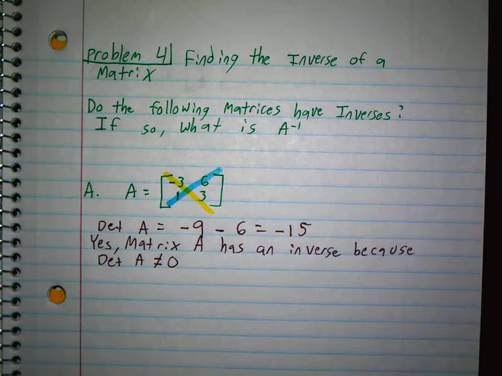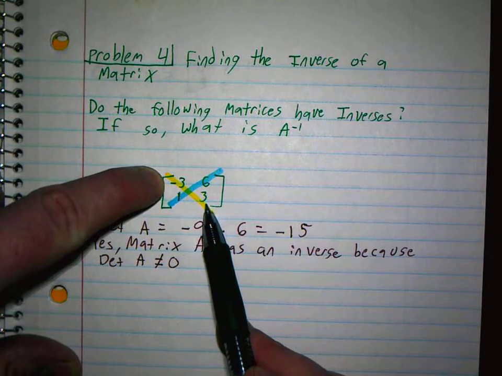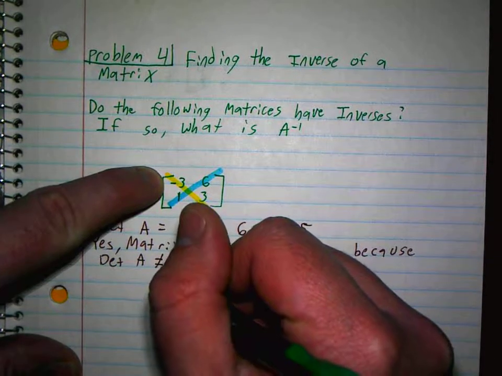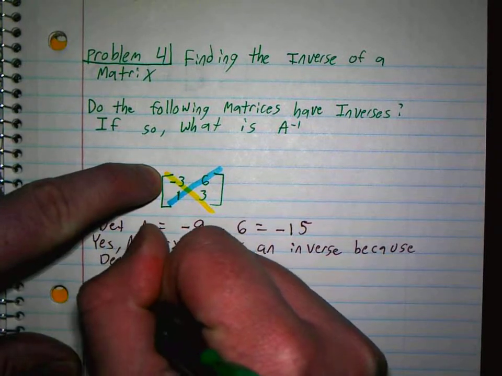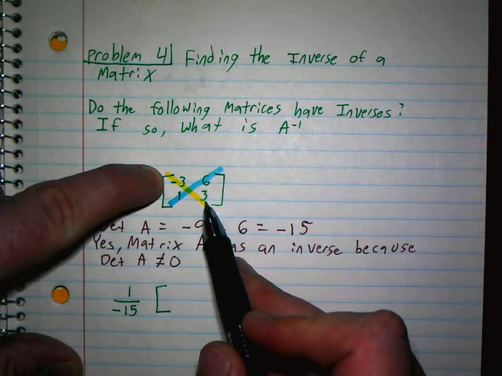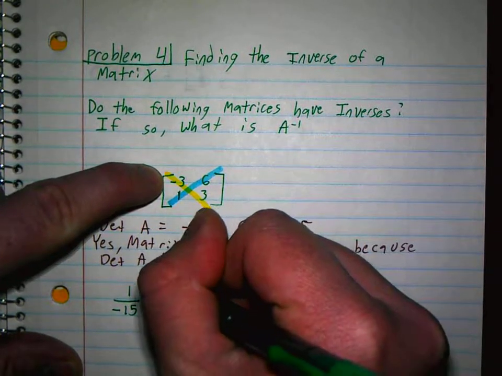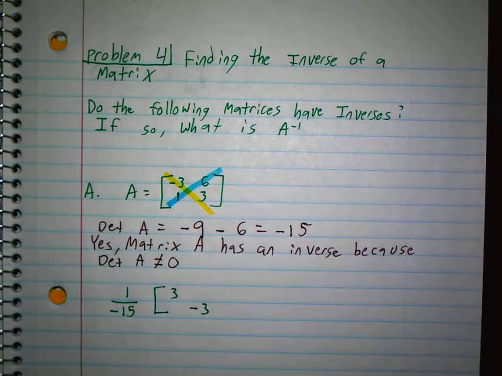So we said that we do what with these two? We swap -3 and 3. So it's going to be 1 over -15. And we said we swap 3 and -3, right? Now it looks like we changed the sign, which we did, but really what we're trying to get at is that we swapped them, okay?